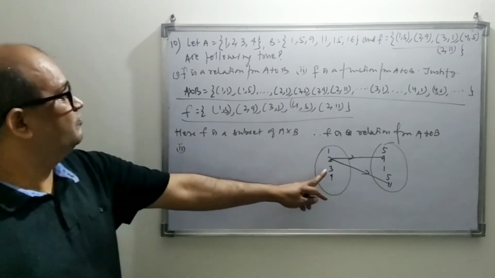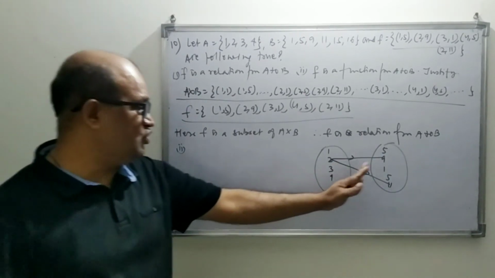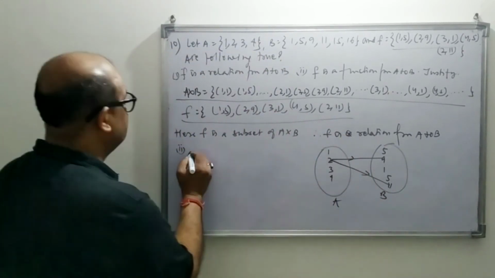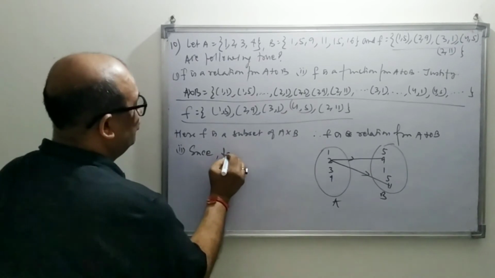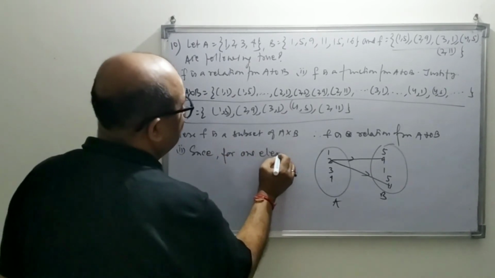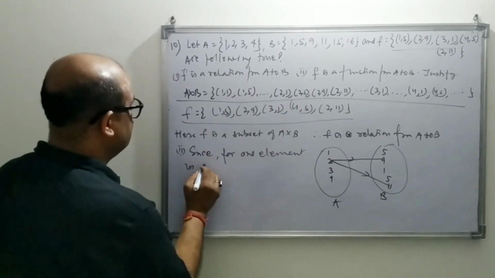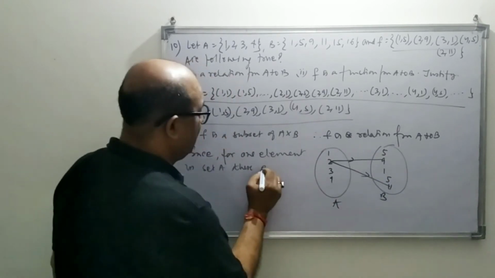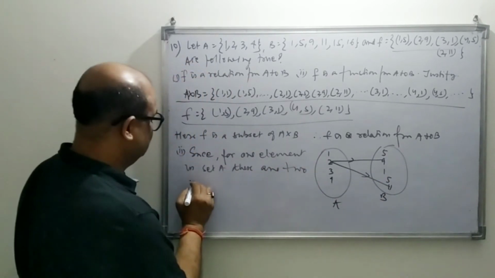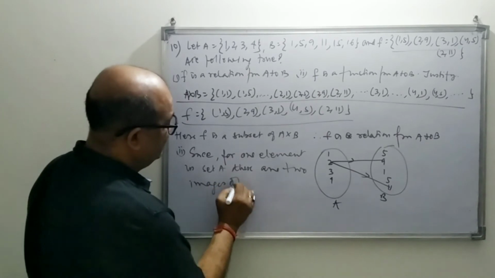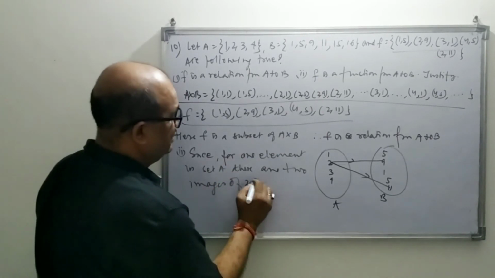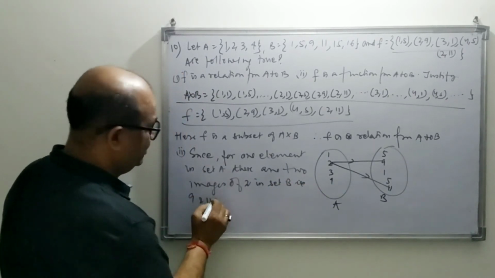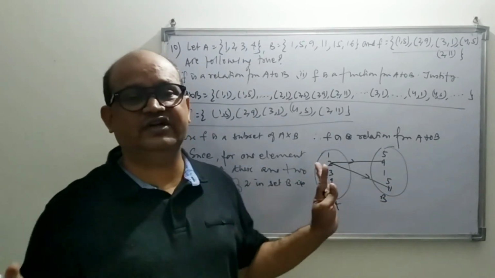Suppose I am taking this as A and this as B. Since for one element in set A there are two images in set B, that is, 9 and 11, it has two images, so it is not a function.